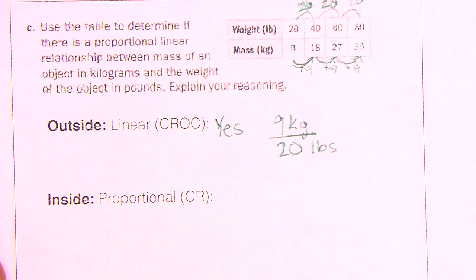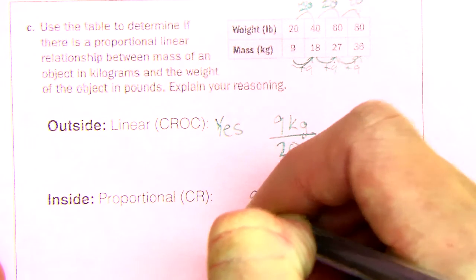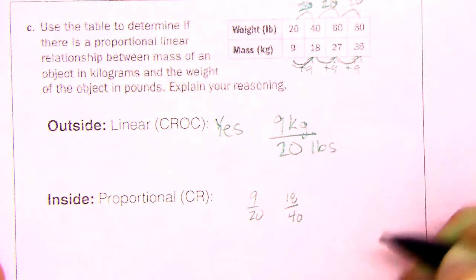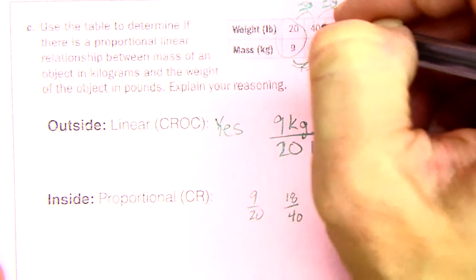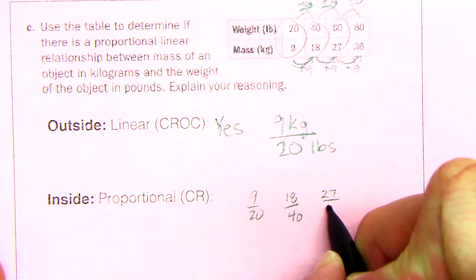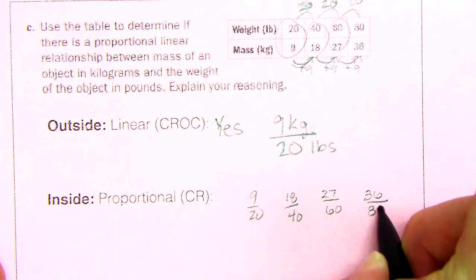But maybe I could. If you guys followed this, well, you know what? Let's skip that. Let's just put 9 over 20, 18 over 40. You guys see where I'm getting those? Right here. I'm putting y over x. So the next one's 27 over 60 and 36 over 80.